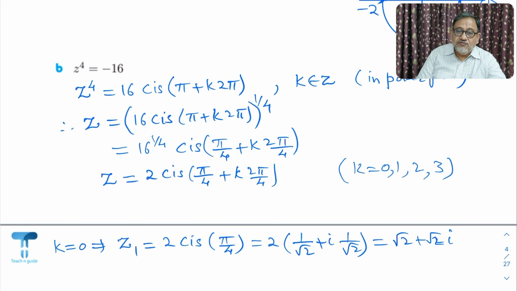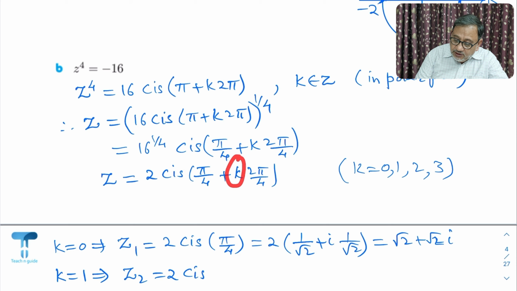This is the first root of this complex number. Then the second root will be k is equal to 1, z2 = 2 cis. Look here, I am replacing k by 0, then 1, then 2. So when I replace it by 1, I will get pi by 4 plus 1 into 2 pi by 4.